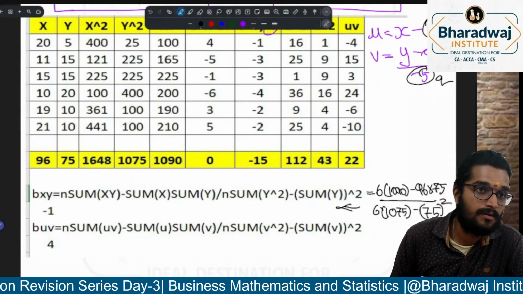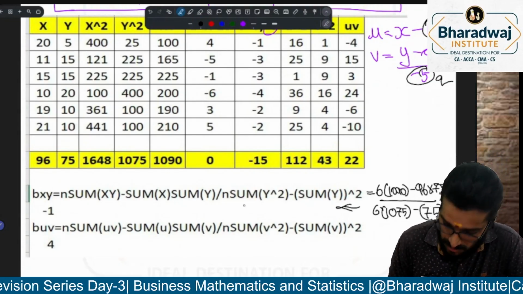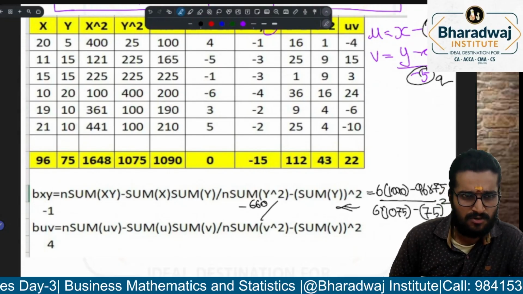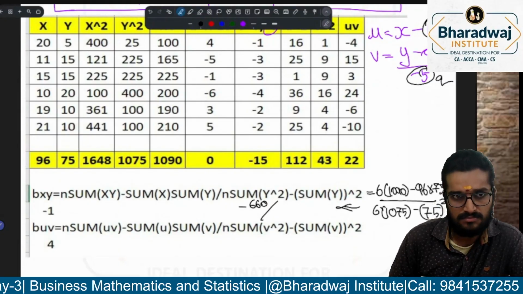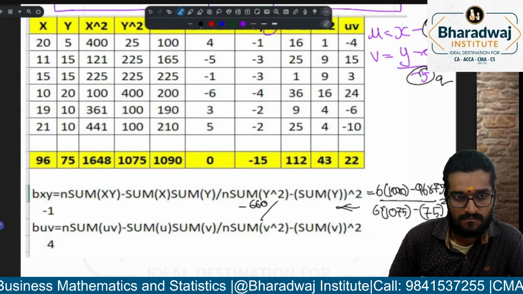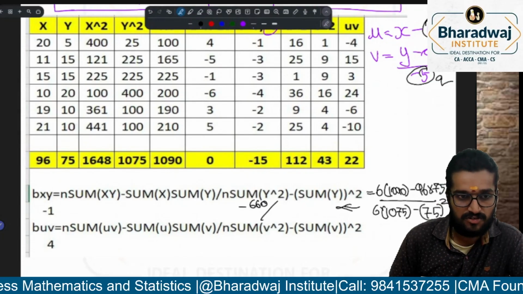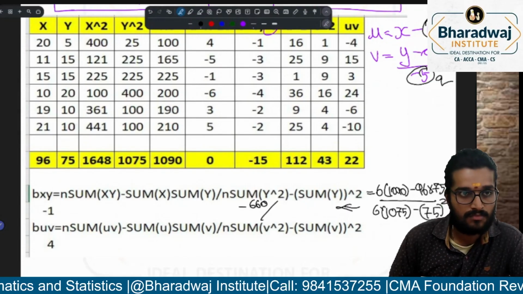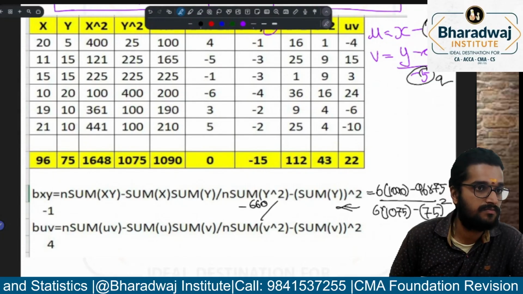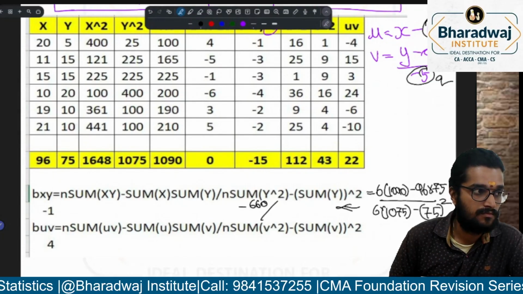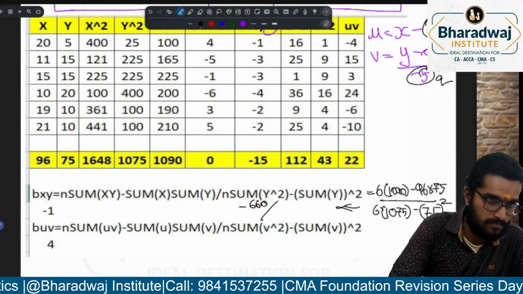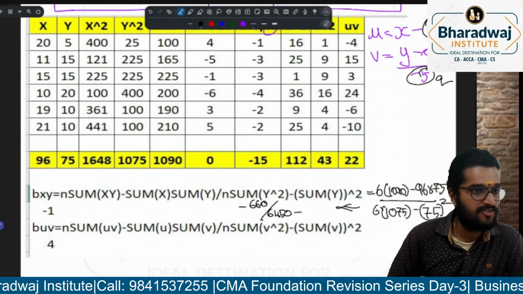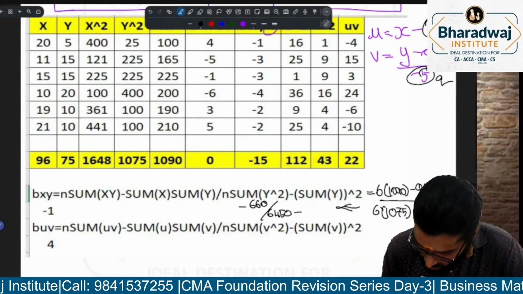Numerator, what's the numerator? Minus 660. Minus 660 divided by the denominator. 75 square, 75 into 75. What is 6 times 1075? 6450. 6450 minus, what is 75 times 75? 5625.